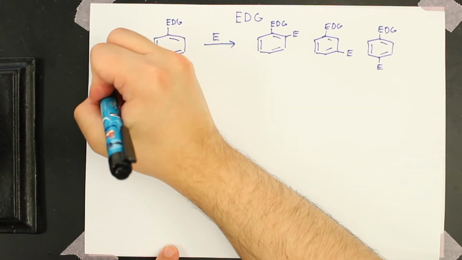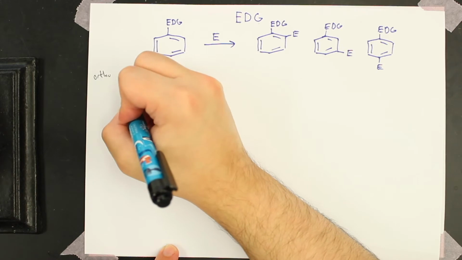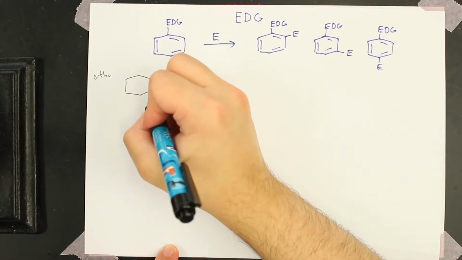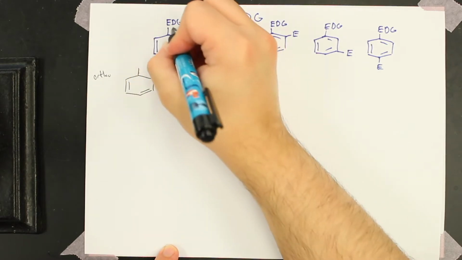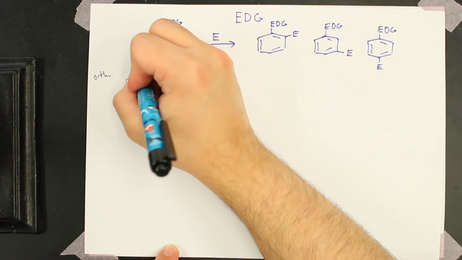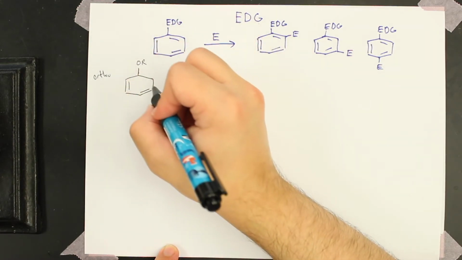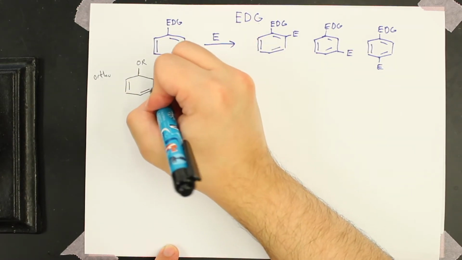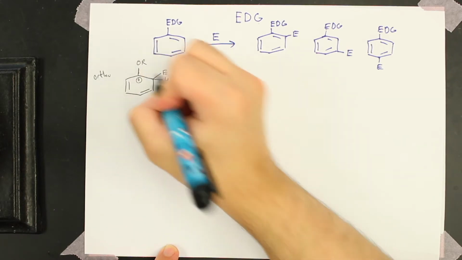So let's look at the ortho substitution. Here's our benzene ring, and I'm going to draw it as the intermediate. For an electron donating group, we're just going to choose OR. We're going to pretend it's an ether. If you add the electrophile here, the positive charge will be right here.